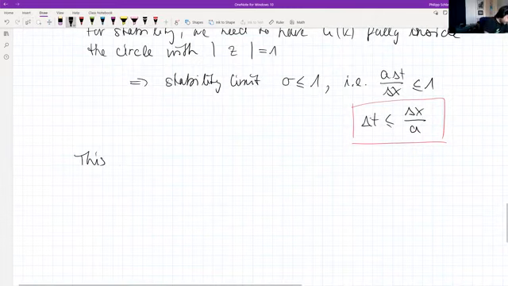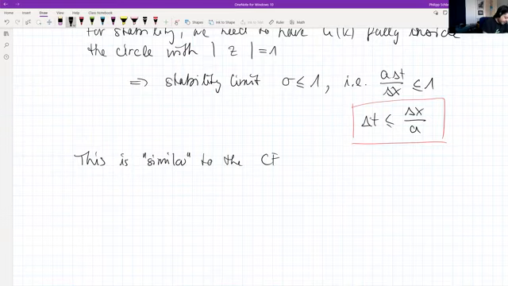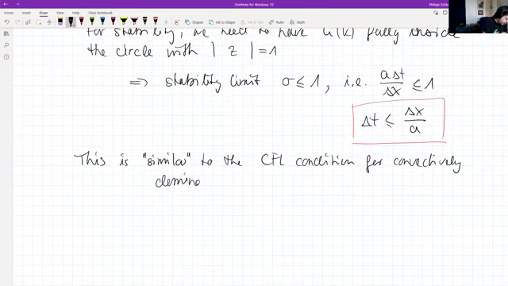So this is, I call it similar for the time being, similar to the so-called CFL condition for convectively dominated problems. CFL comes from 3 people that worked on that.